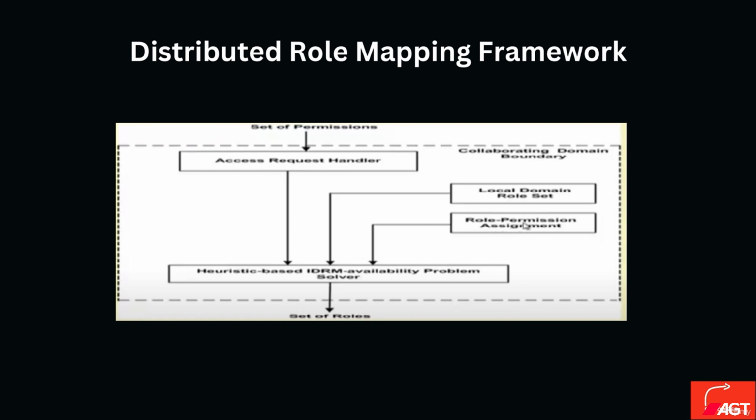A risk-based access control, RAC, system, which balances access risk and security uncertainty brought on by information sharing, may also be included in the distributed role mapping architecture. In comparison to binary multi-level security, MLS, systems, the RAC system is more adaptable because it permits access to subjects even if they do not have the necessary permissions.